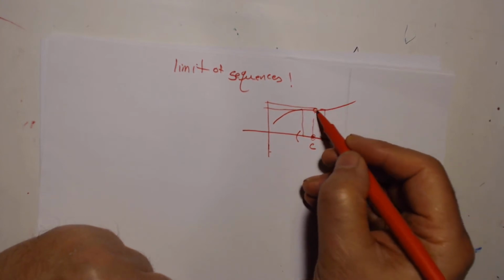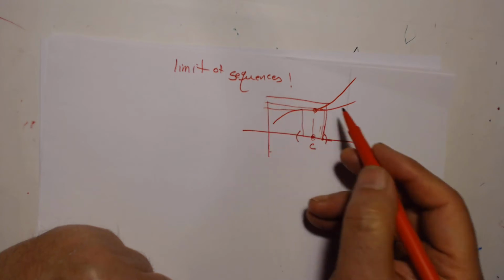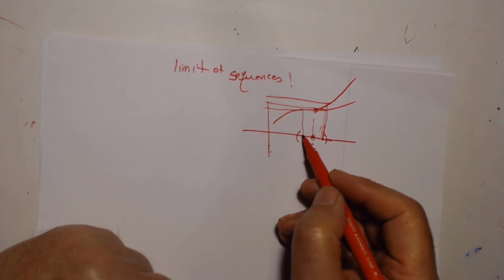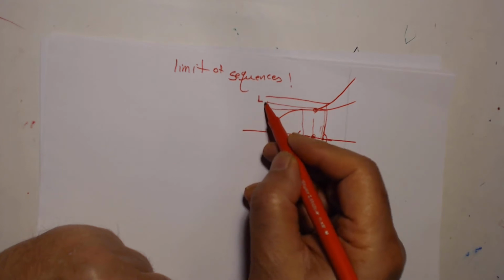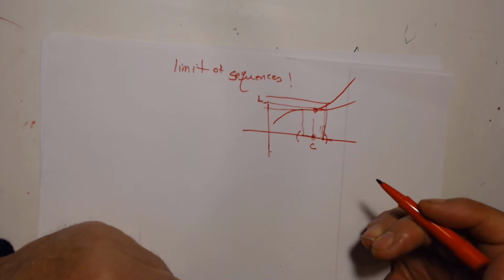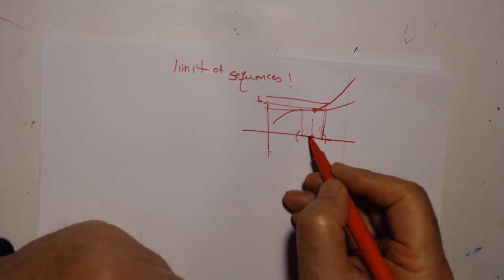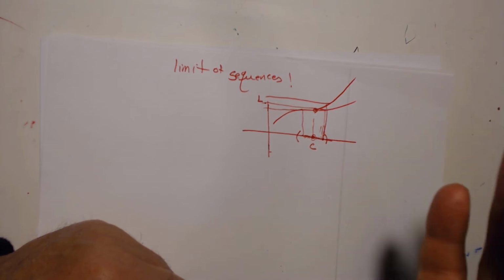Therefore, if the number you are reaching from the right and the number you are reaching from the left reach one specific number, that one specific number is called a limit. But remember, every one of these X values must have a Y value.